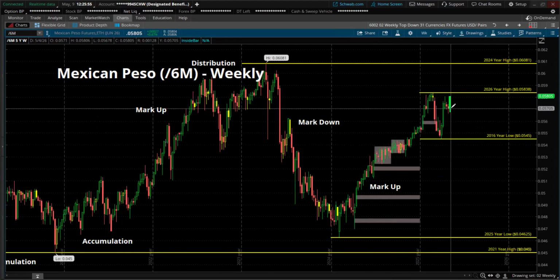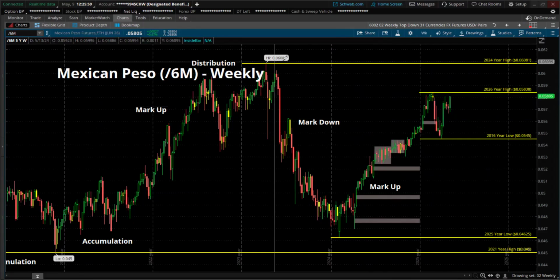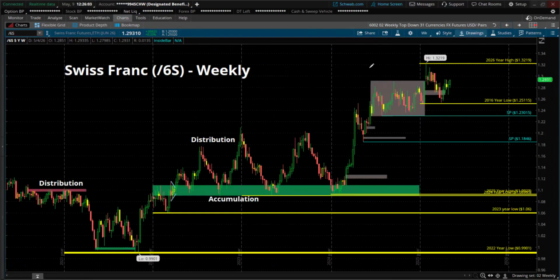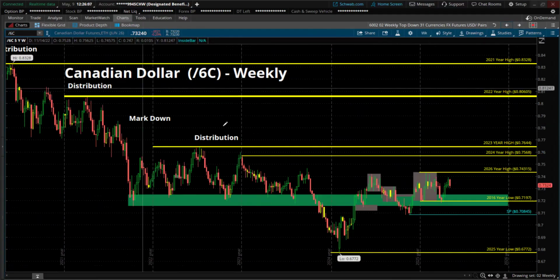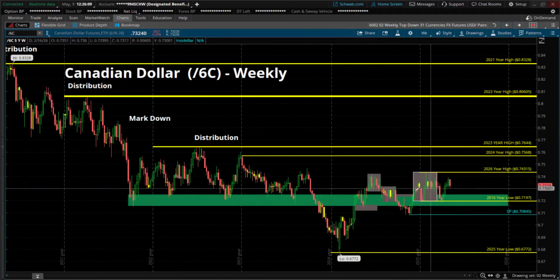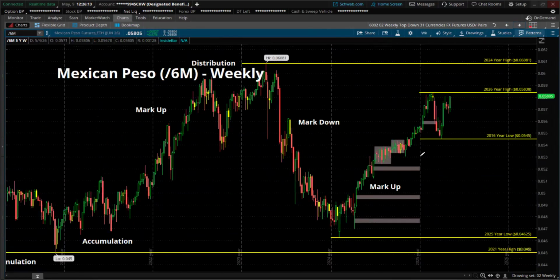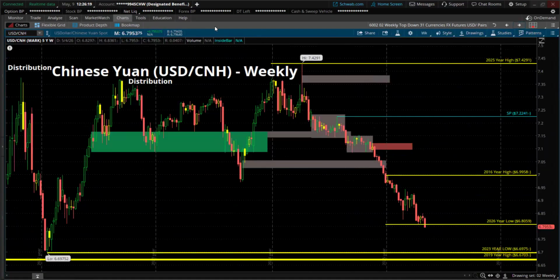It's in a consolidation phase with strong buyers. Nice. Big difference than the Canadian dollar. Yep. Again, here's the Canadian dollar. Big consolidation, including last year. Versus the Mexican peso, last year, strong trending up.